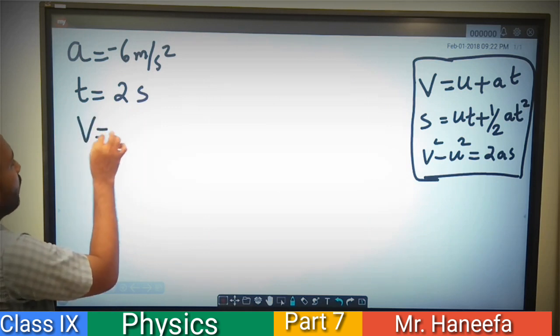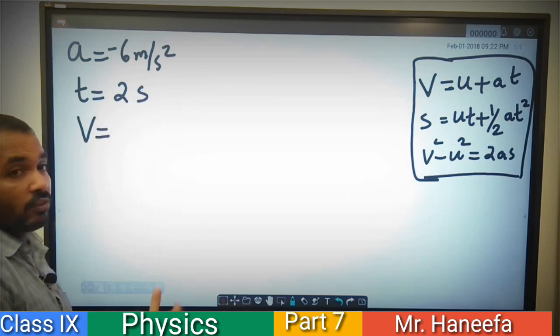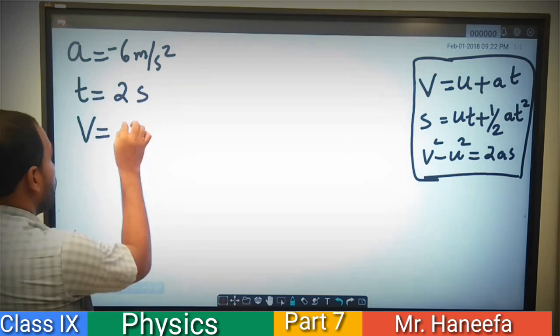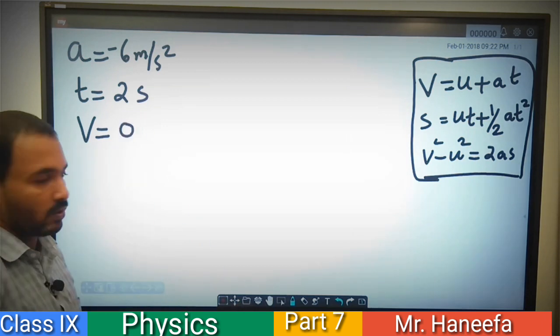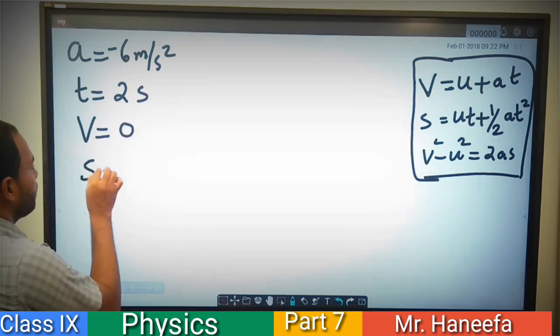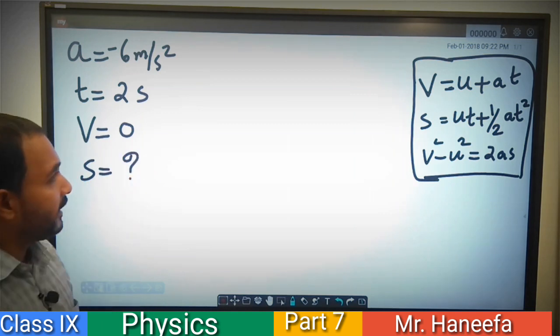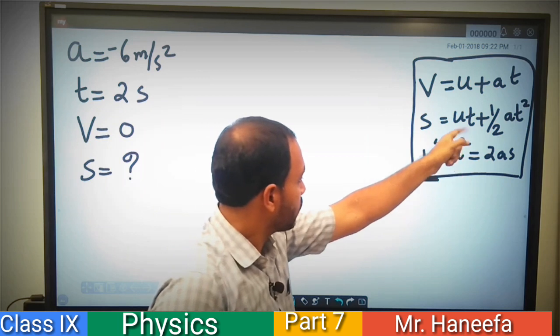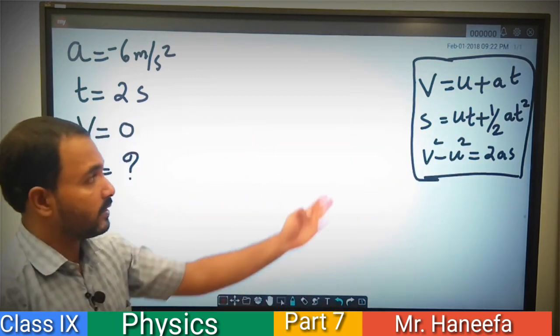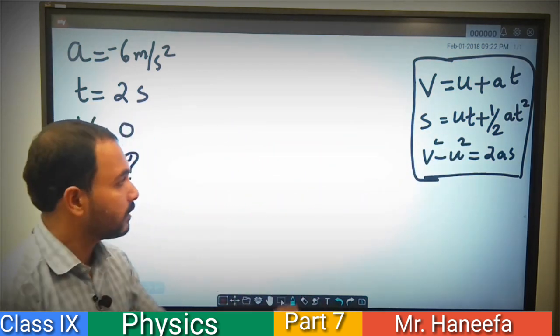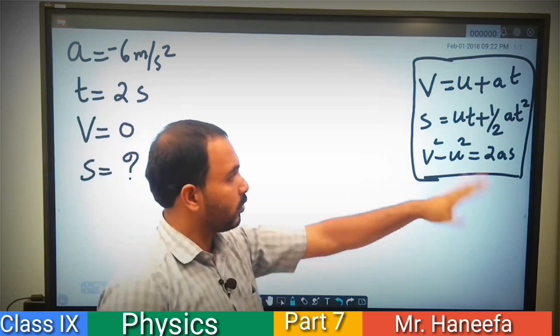Final velocity after applying the brake, the car stops, so v equal to 0. We have to find s. To find s, we can use the second equation, s equal to ut plus half at square, or v square minus u square equal to 2as.